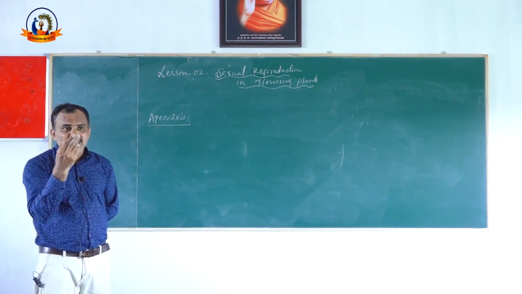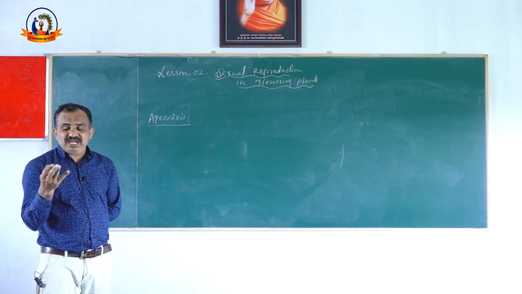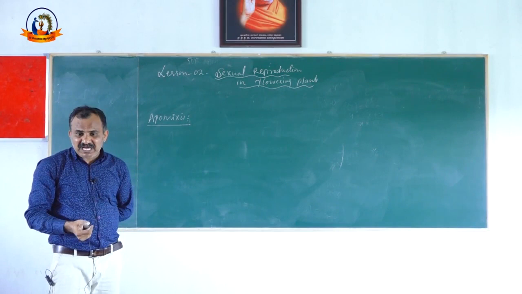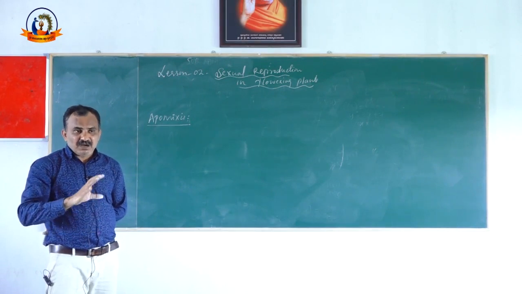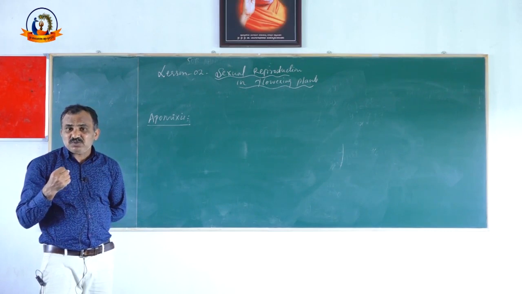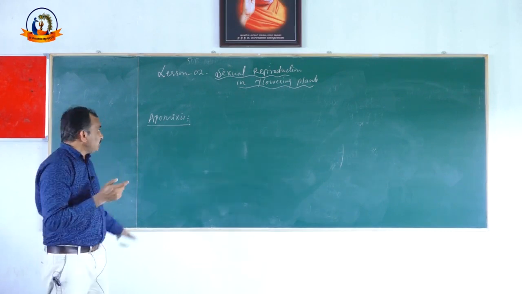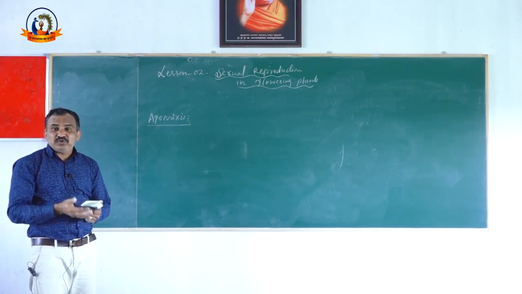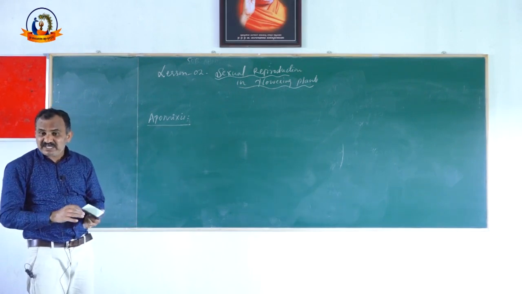There are 3 antipodals at the chalazal end and 3 egg apparatus at the micropylar end. These components may develop into seed without fertilization. Such a process is called apomixis, where there is no fusion with the male gamete.